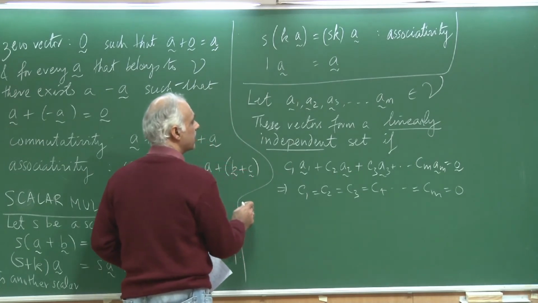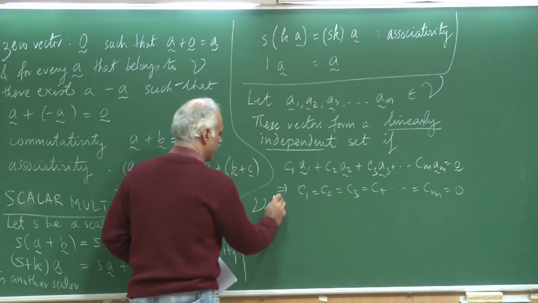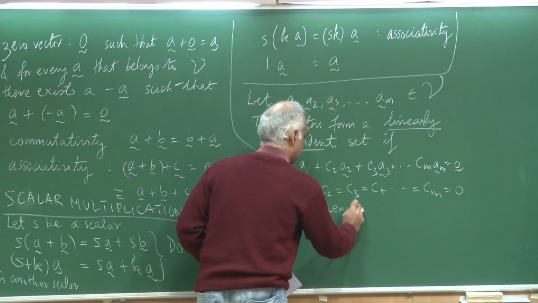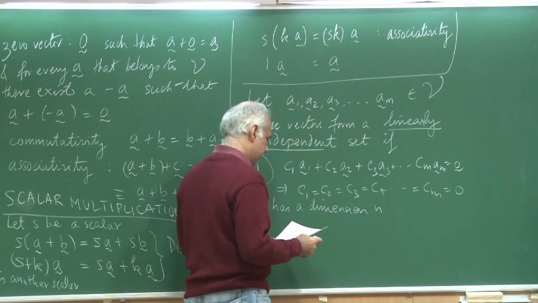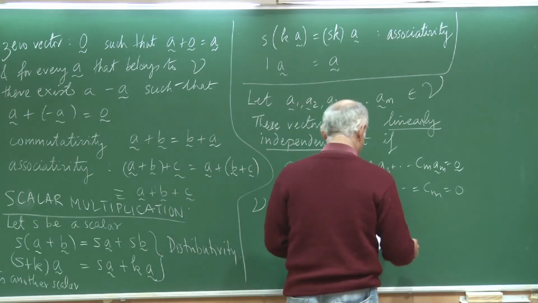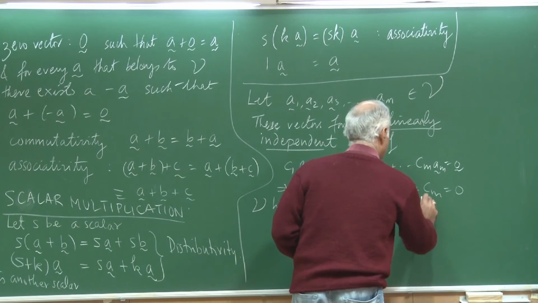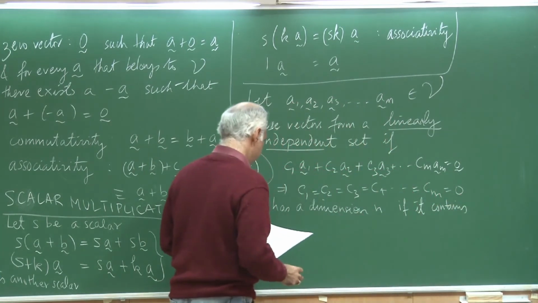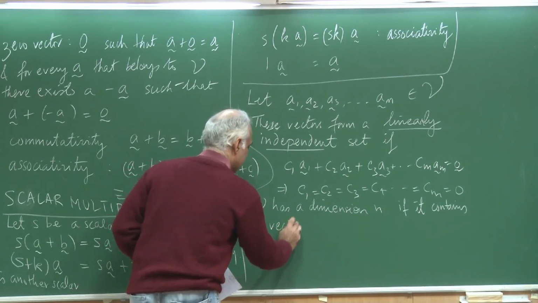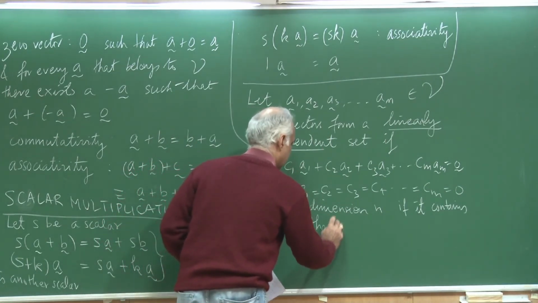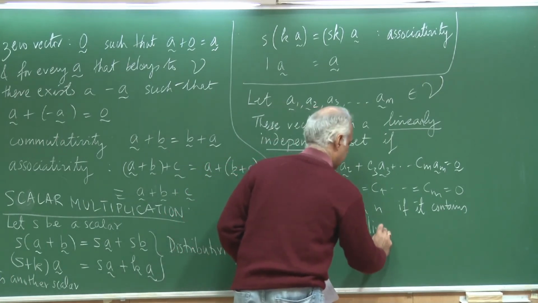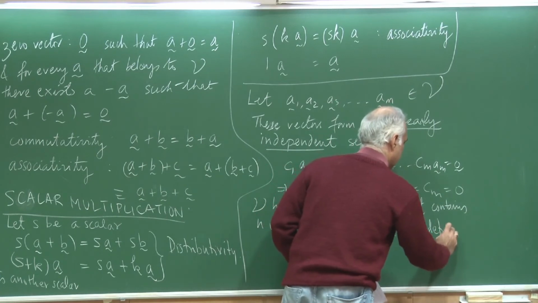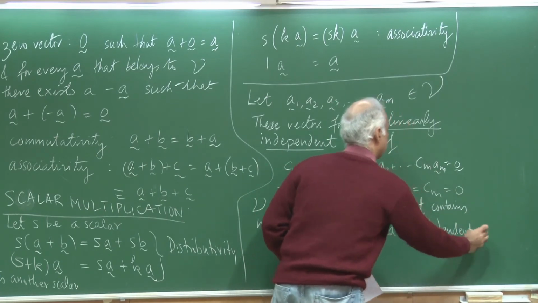Now I can talk about the dimension of the vector space. So V has a dimension n if it contains n vectors that are linearly independent.